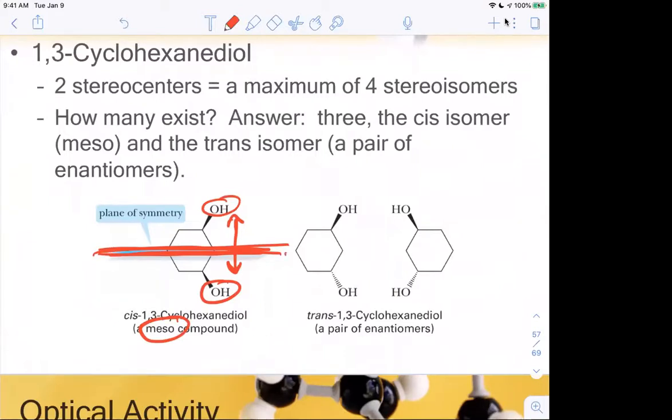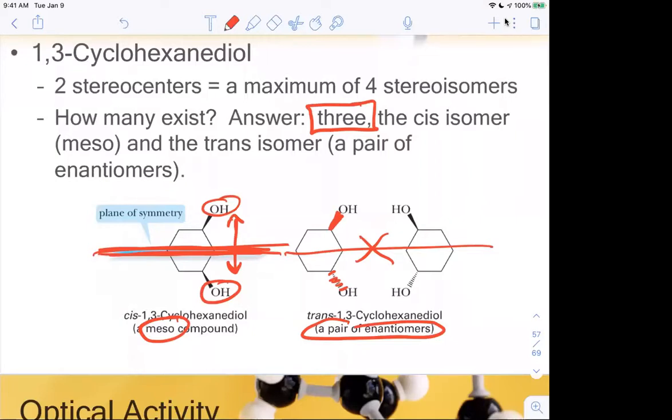There is no plane of symmetry here because this is bolded front and this is hashed backwards. So this is a pair of enantiomers. This particular compound has a maximum of 3 stereoisomers. I get the meso, which is achiral, and then I get the chiral enantiomers.